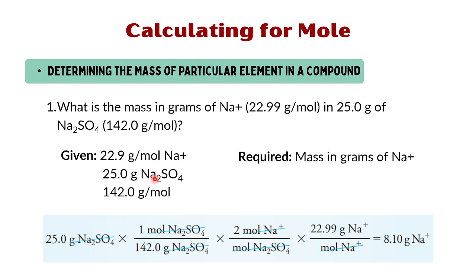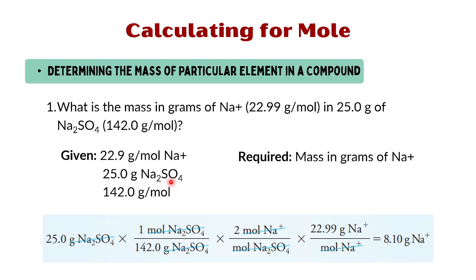Like, there is already a mass of the sodium sulfate itself. But what we want to know is, out from this 25.0 gram of sodium sulfate, how many grams of sodium are there. So, you know what I mean?